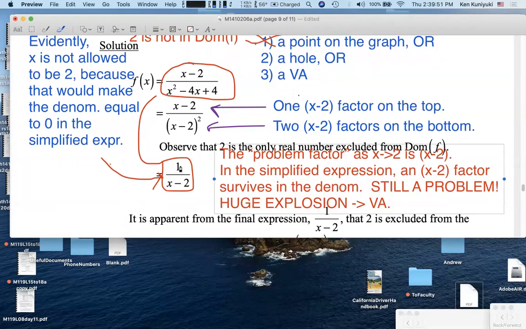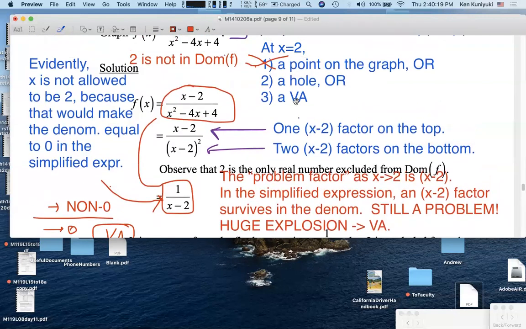If the top is approaching a non-zero number and the bottom is approaching 0, we have a problem. We're going to get a big old VA on this rational graph.